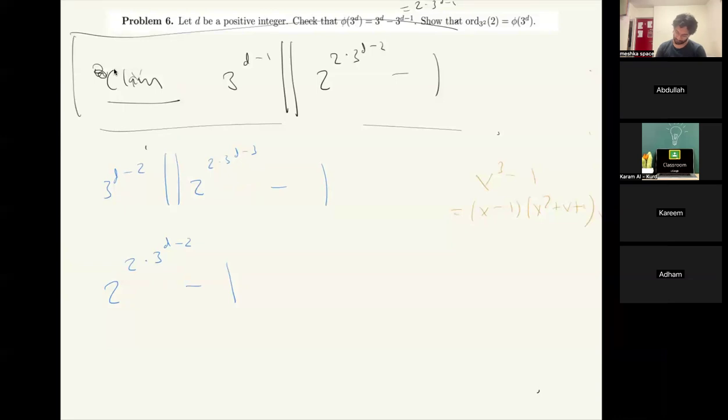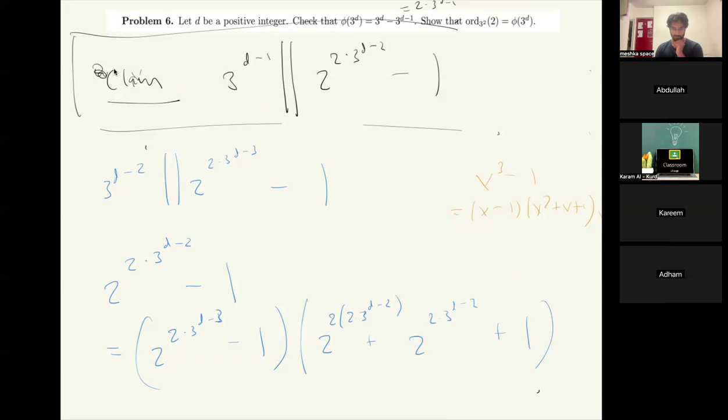And what does it equal? So it's the previous term minus 1 times what? Times 2 to the power of 3 to the d minus 3 squared plus, sorry, 2 times 2 to the 3 to the d minus 2 plus 2 to the 2 times 3 to the d minus 2 plus 1. Yeah, does this make sense? Yes.